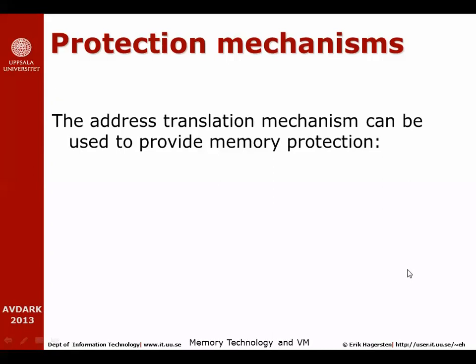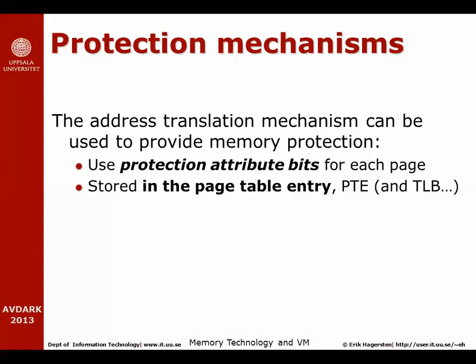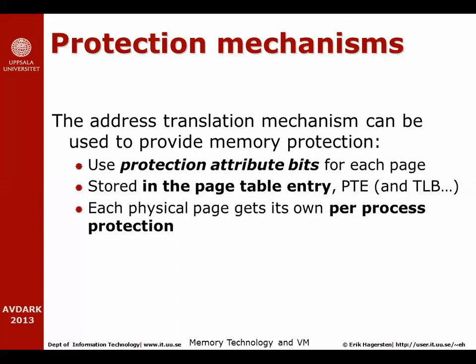As we already discussed before, there are some protection mechanisms implemented jointly with this whole translation mechanism. So we have some protection attribute bits for each page, and these attribute bits are stored in the page table entry together with the translation.